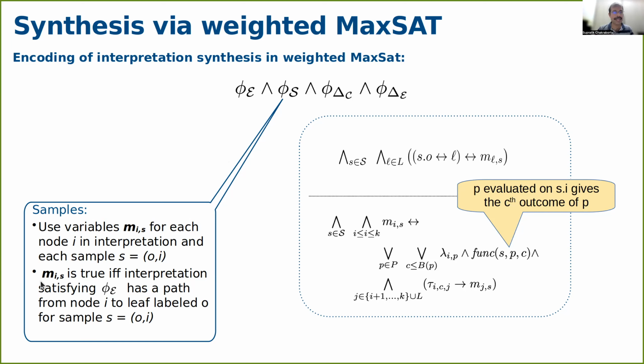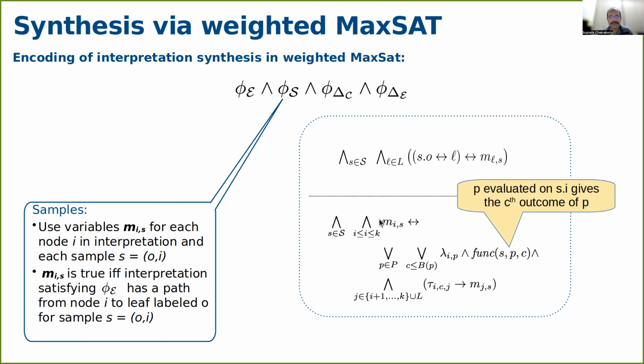Thanks. So this MIS is a variable which just says that for sample S, starting from node I in the interpretation, I can actually go to the right output. So if I look at M0S, it's saying for sample S, starting from the root, I can go to the right output. And we would really like to have as many of these M0S true as possible, which means for as many samples as possible from the root, I should be able to go down to the right leaf, right?